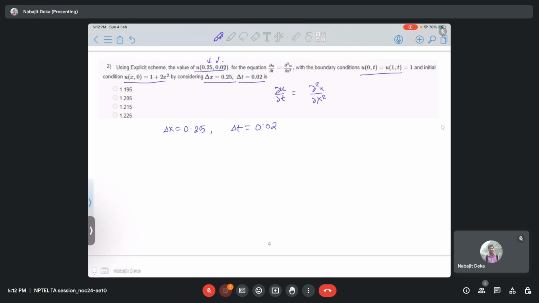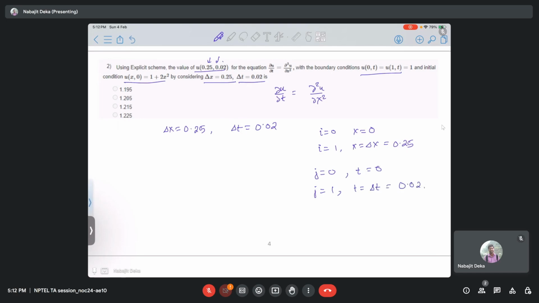So if we consider i equal to 0, then x equal to 0, i equal to 1, x equal to delta x, that is 0.25, and for j equal to 0, t equal to 0, and j equal to 1, t equal to delta t, that is 0.02.